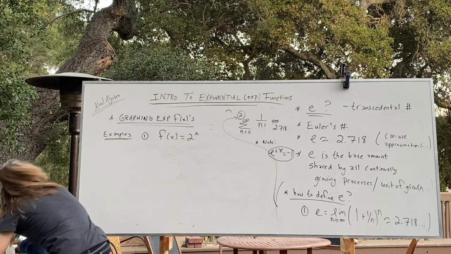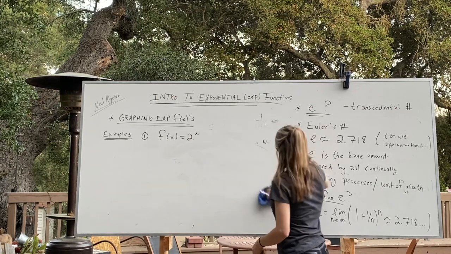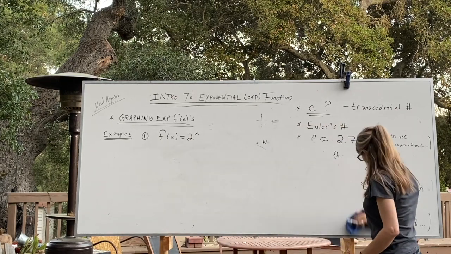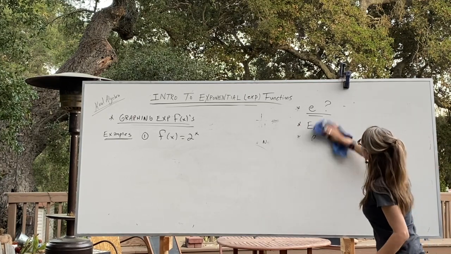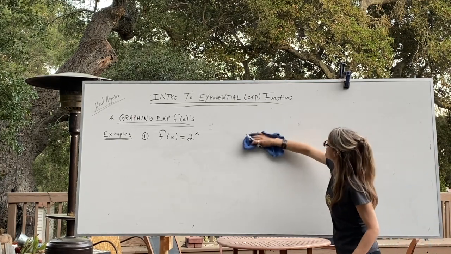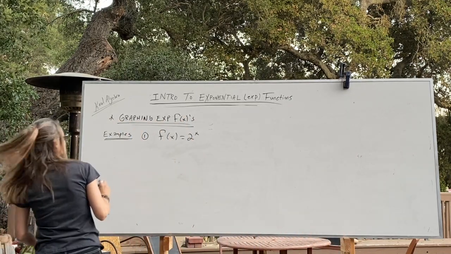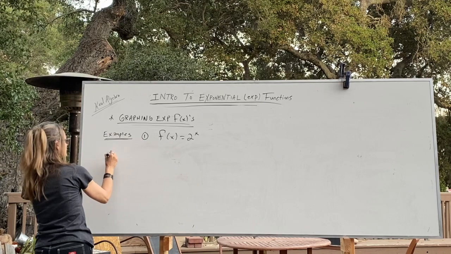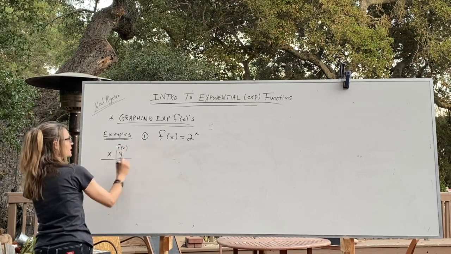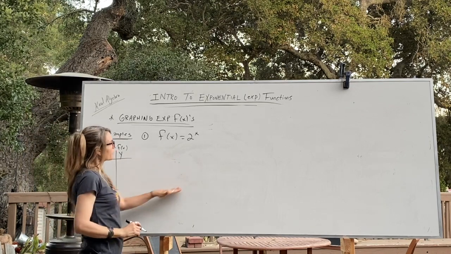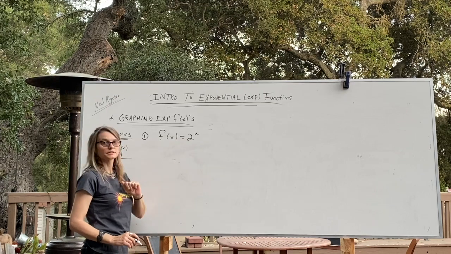And some of these could get very messy, and I would encourage you to practice doing a table of values and getting as much of a sense of the exponential function as you can. So let's go ahead and take a look at our table of values here. x, y, or f of x. Okay. And just knowing that the general curve will be rapid increase will really help me understand this.